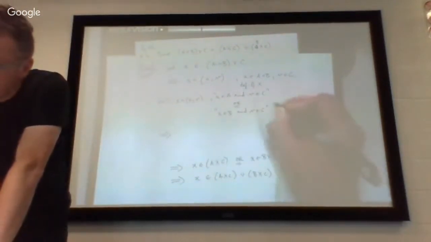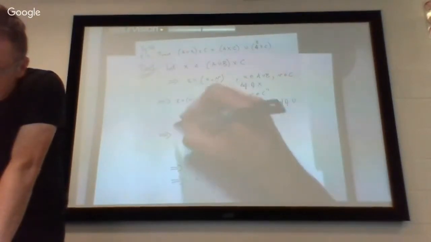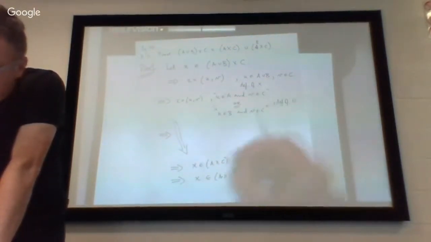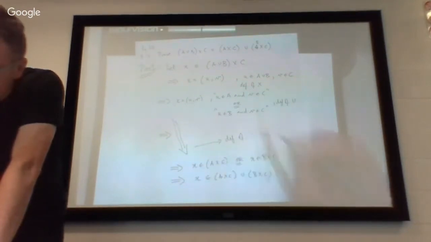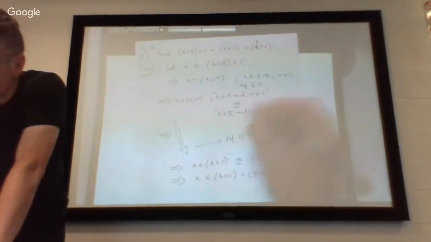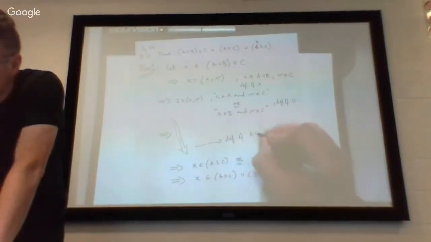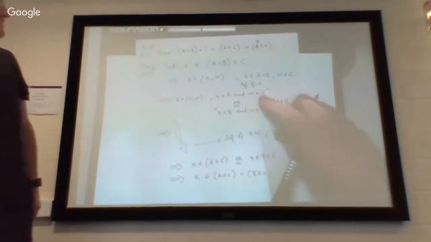The justification here was the definition of union. And the justification for this step here is, well, you're back to the definition of Cartesian product, definitions of A cross C and B cross C. We're just reinterpreting this OR statement.